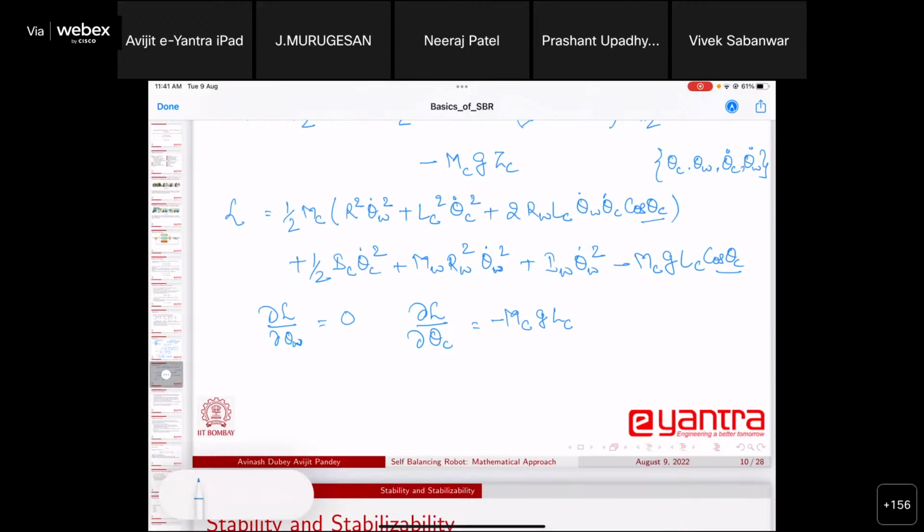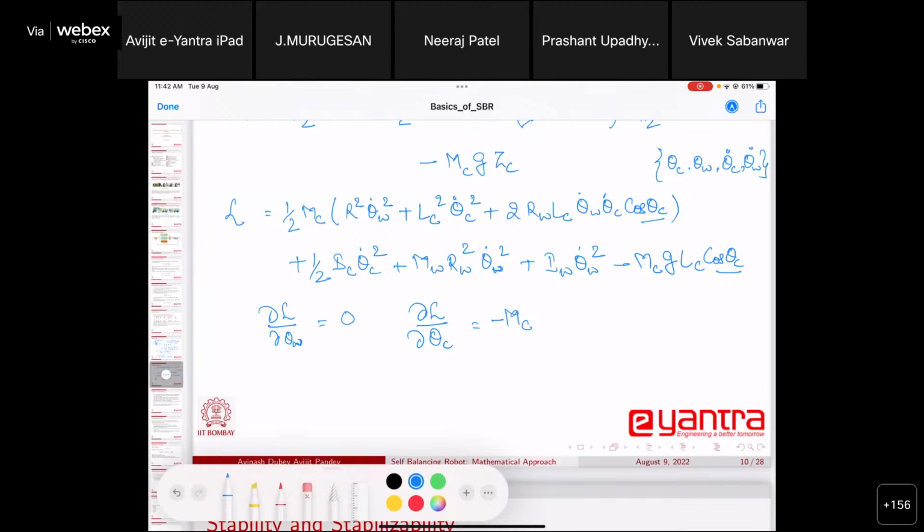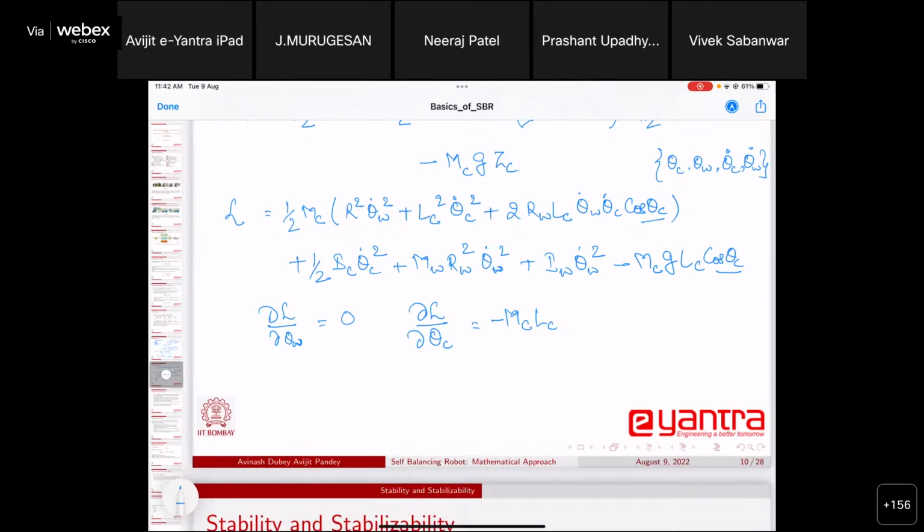I'll just write the expression, you can verify it later: MC LC RW theta W dot theta C dot minus G sine theta C. You can verify that this will come out the same.